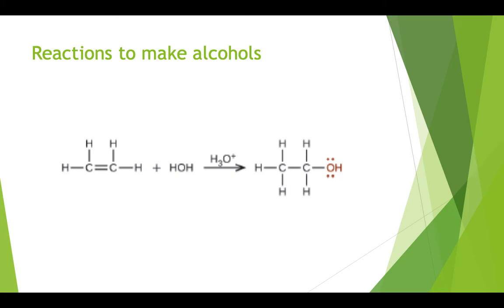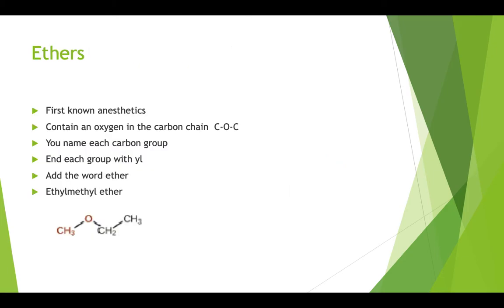So that's alcohols. Ethers are the second one I'm going to talk about today, and then I'll talk about aldehydes and ketones tomorrow. So ethers are the first known anesthetics. They contain a carbon, oxygen, carbon in the longest chain.